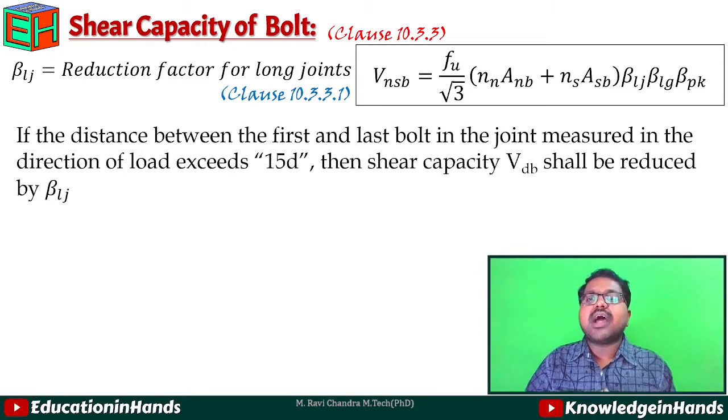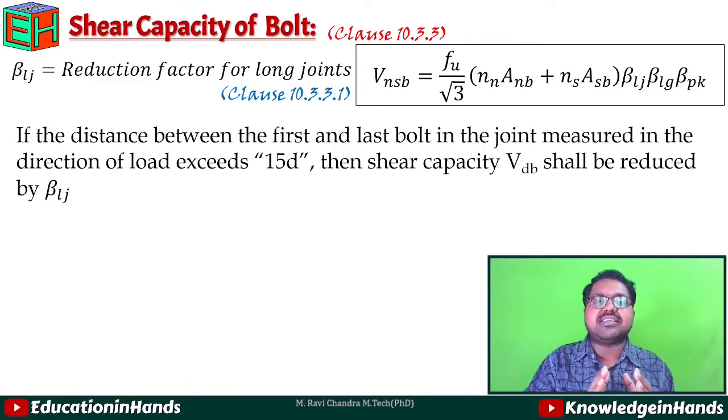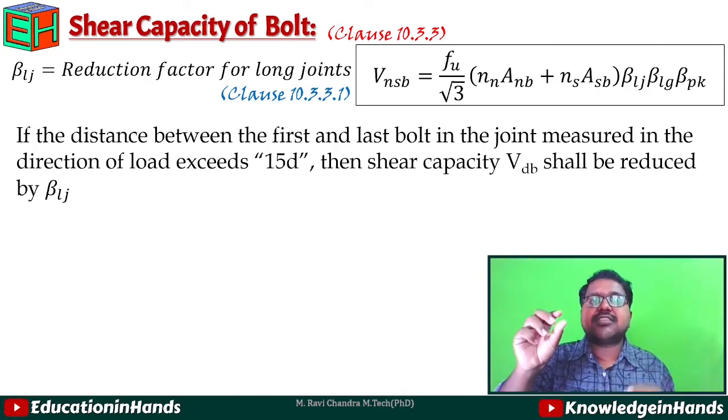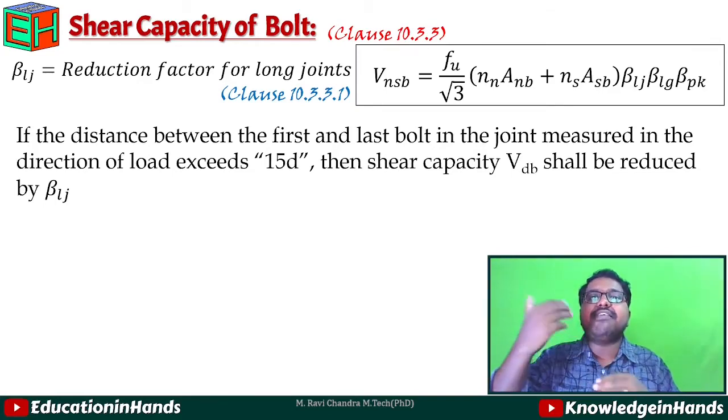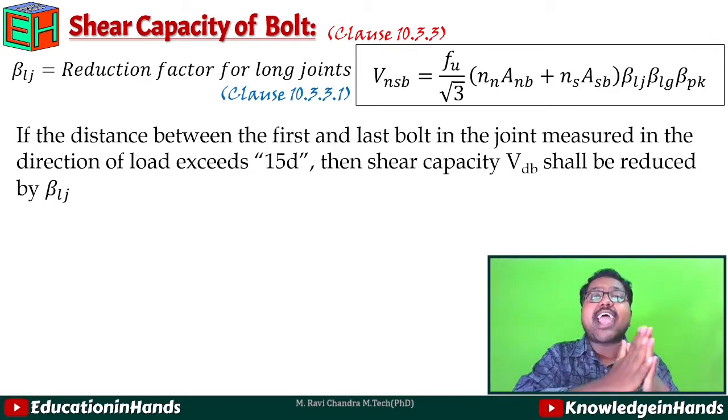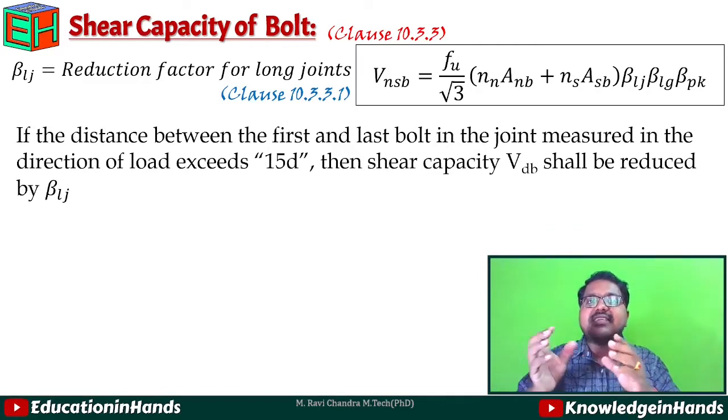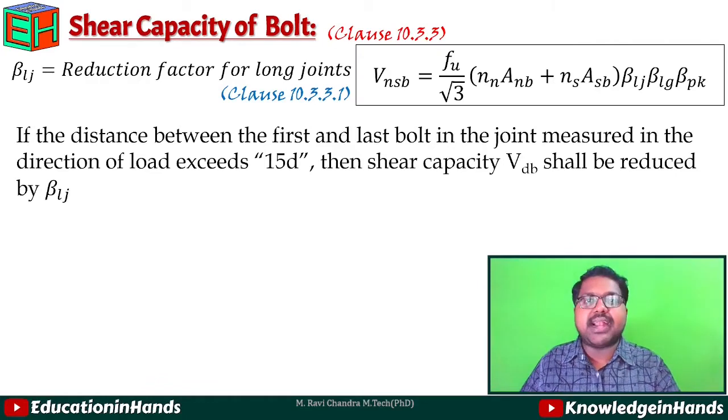See, if the distance between first and last bolt in the joint measured in the direction of load exceeds 15d, then shear capacity VDB shall be reduced by beta LJ. So if the distance between first bolt and last bolt in the connection is exceeding 15d, where d is nothing but diameter of the bolt, then we need to apply this reduction factor beta LJ.